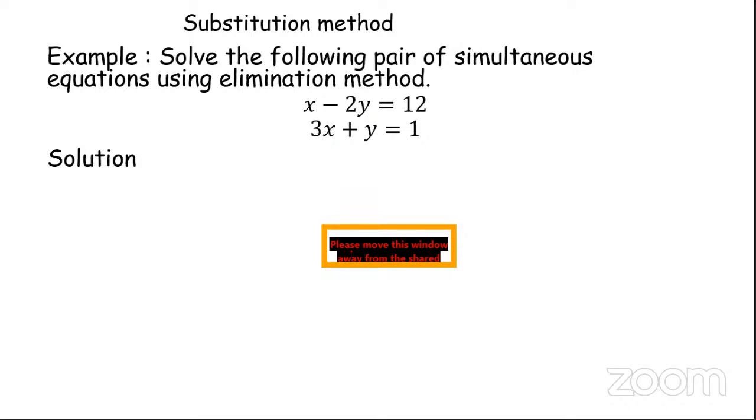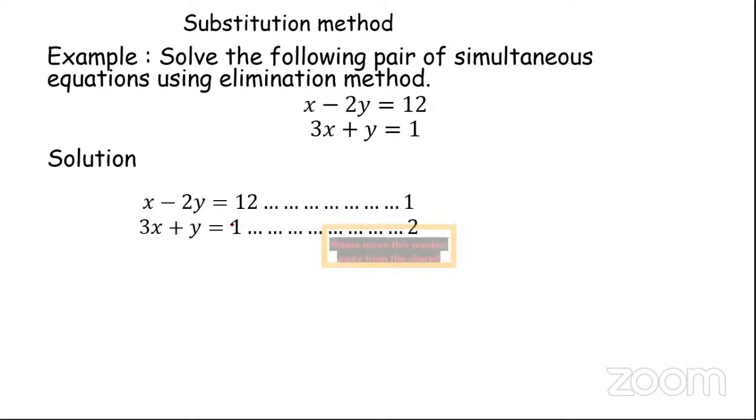So let us begin with x minus 2y equaling to 12, and then 3x plus y equaling to 1. So likewise, we can begin by letting x minus 2y equaling to 12 to be equation 1. And then 3x plus y equaling to 1 to be equation 2.